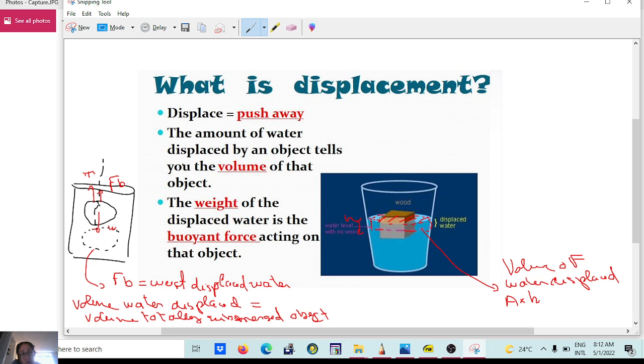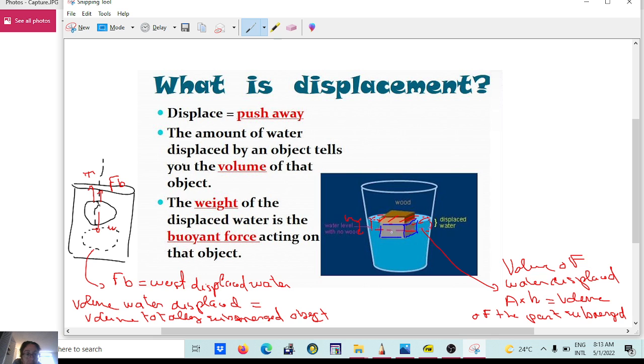Now, it's not equal to the whole volume. The volume of the water displaced will be equal to the volume of the part of the object that is submerged. So it's not equal to the volume of the whole piece of wood, it's just equal to the volume of that little part here. Maybe I should do it, I insist, because once you understand the concept, then all the problems are easy, it's just algebra.